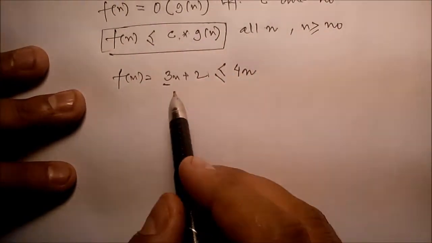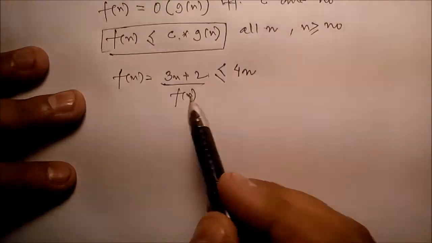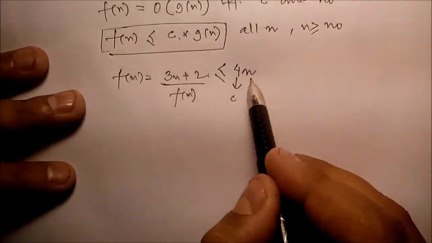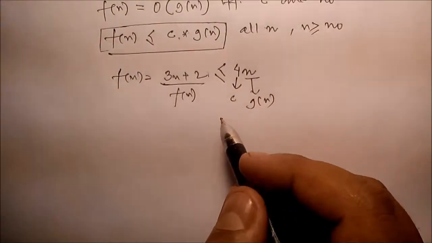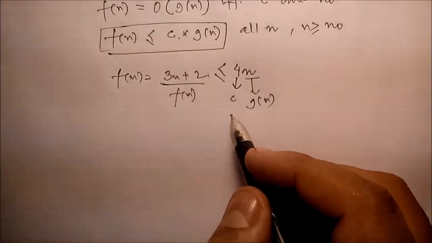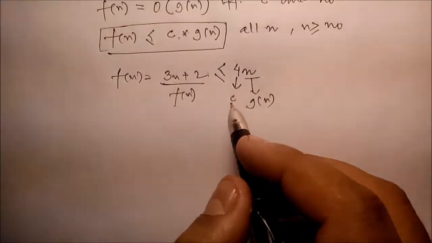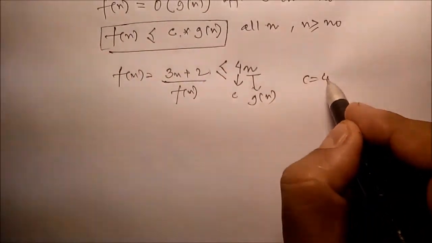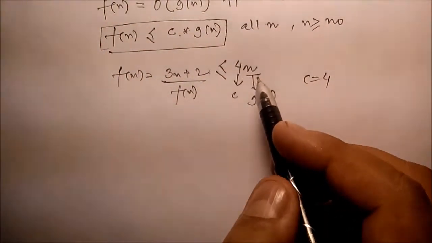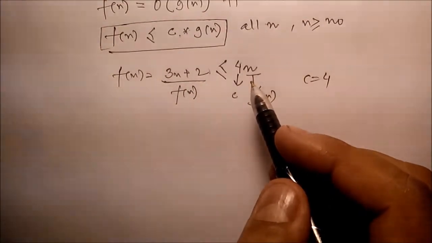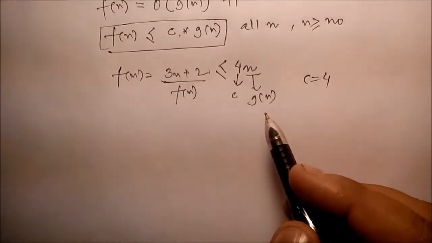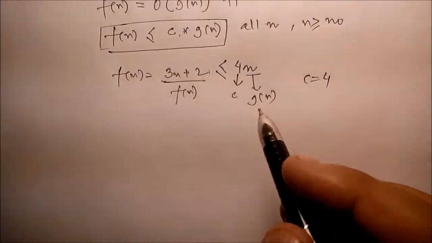Now if you compare, this is nothing but our f(n), this is our c, and this will be our g(n). So if and only if there is a positive constant c, here c is equal to 4, and n0 such that f(n) is less than or equal to c of g(n) for all n greater than n0.